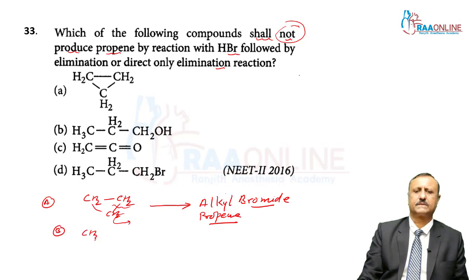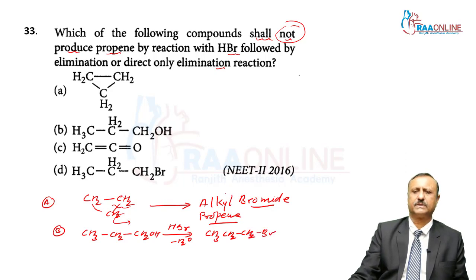Here, my dear friends, CH3, CH2, CH2OH. When this compound reacts with HBr, it gives us H2O and it is converted to CH3, CH2, CH2Br. So, my dear friends, when elimination occurs, this compound also produces propene. So, B is also not the answer.